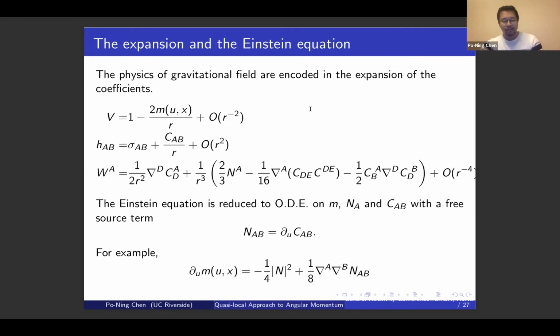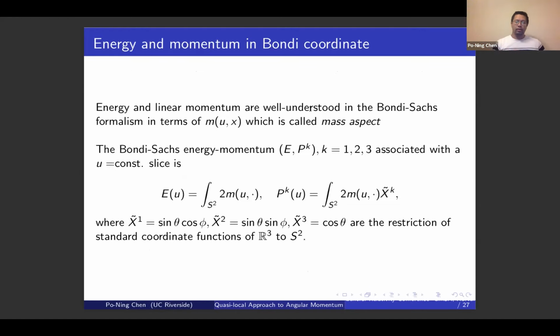Okay, so now we have this coordinate system. What are the mass or energy, linear momentum, angular momentum of a slice u equals constant? The energy and linear momentum are sort of well understood, and they depend on the mass aspect M of u, x.